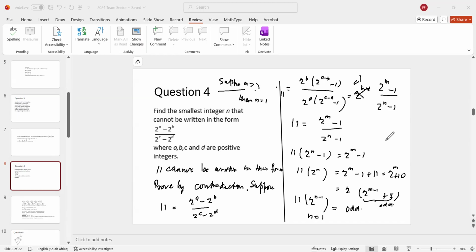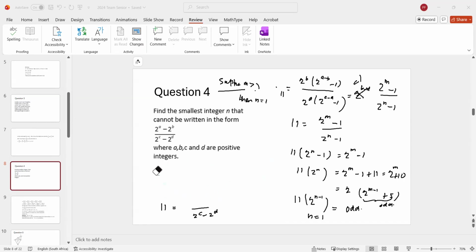All right? So let's go back to this equation here. Just going to create some space here. There's an important equation that we are working from. Let's just keep that in mind. It's 11 times 2 to the n equals 2 to the m plus 10.